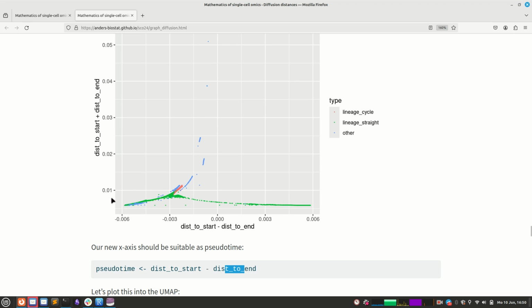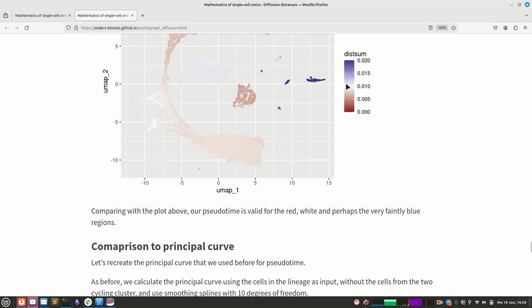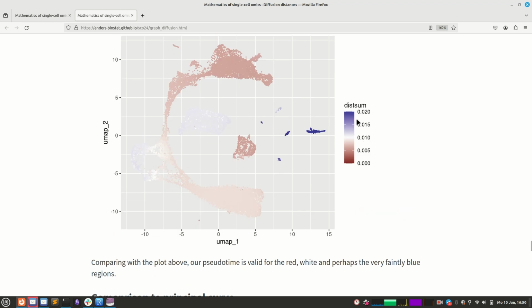Only if this y-axis is below 0.01 can we say that this is useful along this thing, and everything above 0.01 is probably nonsense. So that's why I plotted this here, making everything below 0.01 reddish and everything above 0.01 blue. And now you can see, yes, our pseudotime works nicely along this reddish part from here to here.